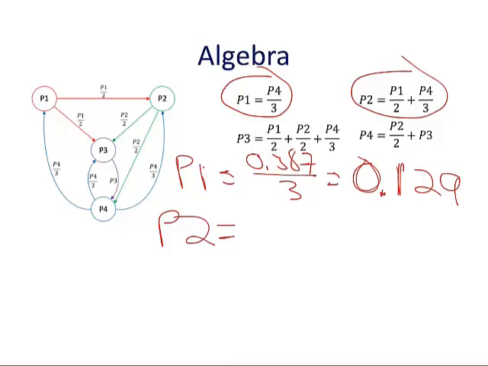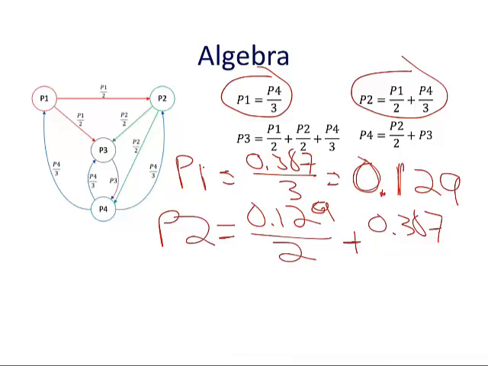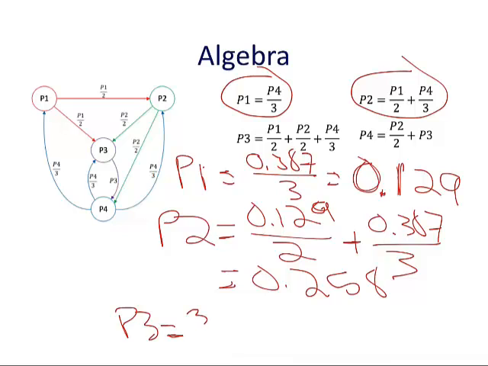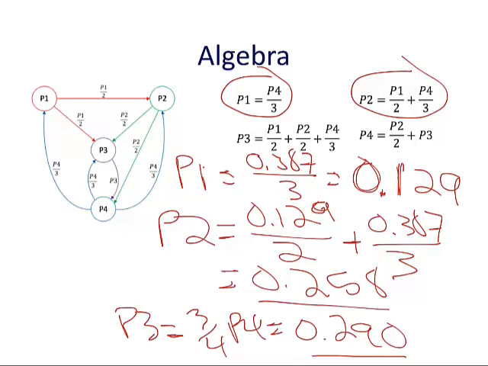P2 is equal to 0.129 over 2 plus P4 over 3, 0.387 over 3, which is just 0.258. And finally, P3 is equal to 3/4 P4, as we said, which is just 0.290. So 0.290, 0.258, and we've got 0.129.